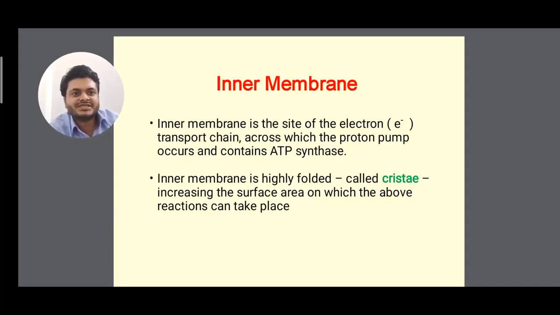Any word ending with the suffix -ase is an enzyme. In a word there is a prefix and a suffix; the suffix is at the end of the word, and if the last three letters are ASE, it is an enzyme. The inner membrane is enfolded, as I have said, into cristae.